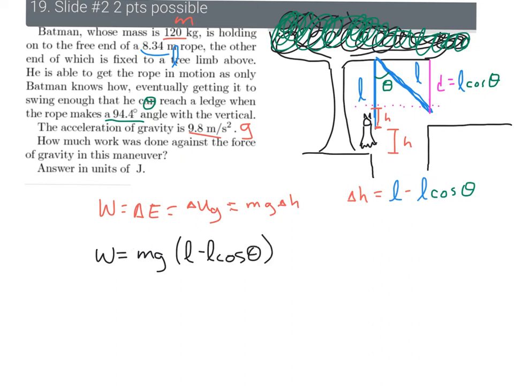From there, we just plug in our numbers, and my numbers, I would have 120 times 9.8 times my value for L, which was 8.34, minus 8.34 cosine of my angle, and my angle is 94.4.